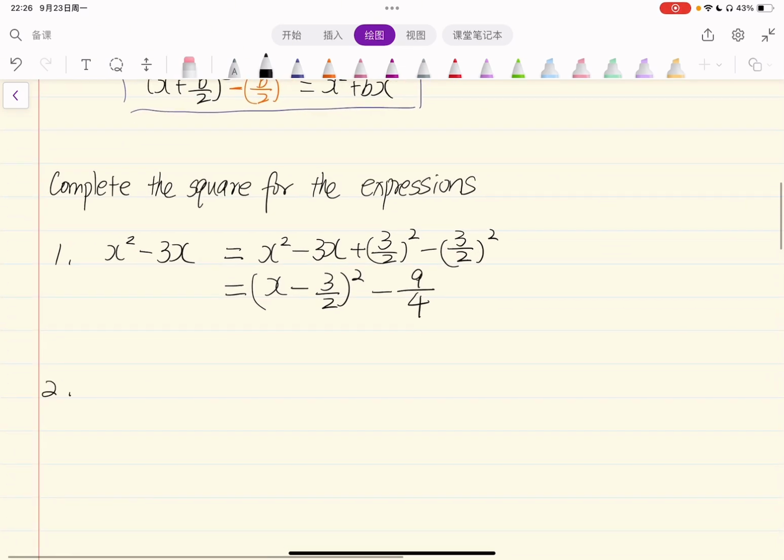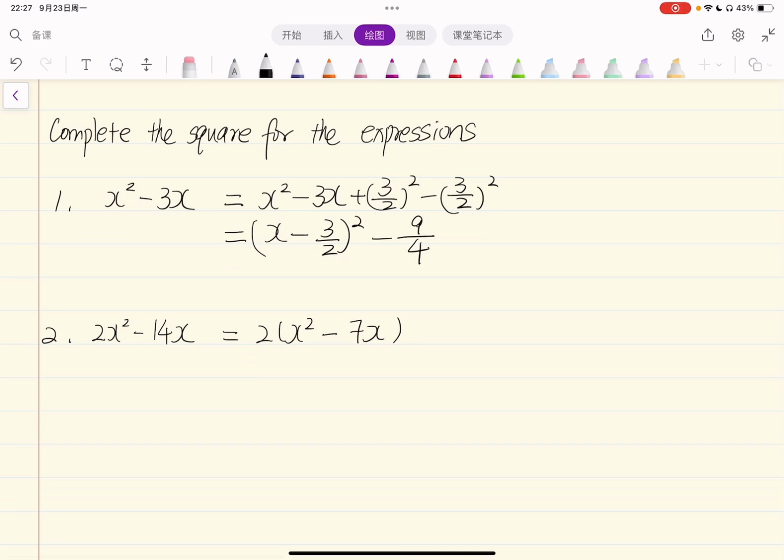Okay, for the second question, we have 2x squared minus 14x. Here, we need to take 2 out of the expression because 2 is not a square number. So we have 2 times x squared minus 7x. And then we need to complete the square of the x squared minus 7x.